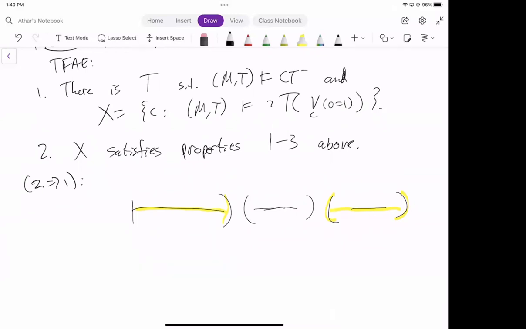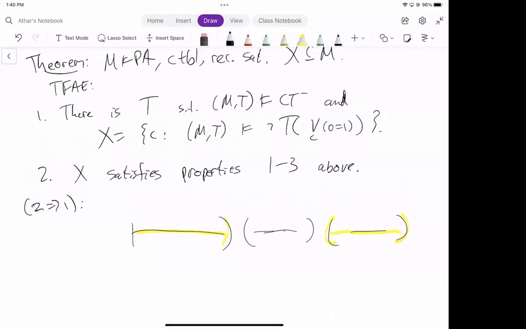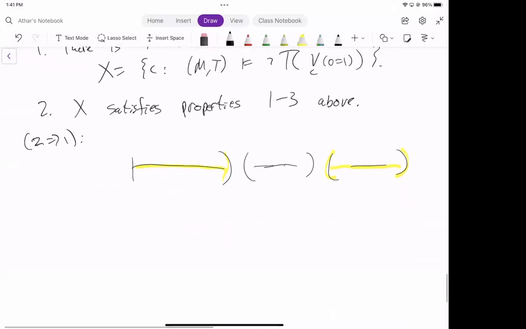A sequence of full satisfaction classes, so not partial satisfaction, on the model M itself, with some sort of limiting procedure. We'll make sure that the i plus first satisfaction class agrees with the ith one on certain formulas, and then each step will make it a little bit more correct on the formulas that we want it to be. Okay, so we need a few definitions.